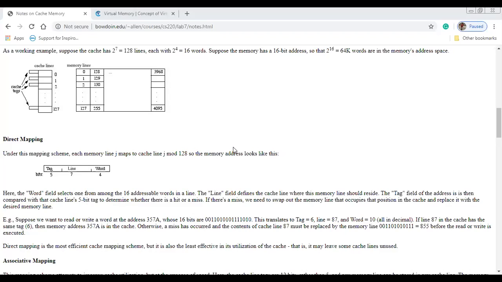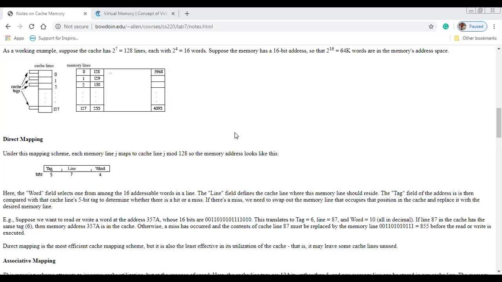The binary value 1010 in decimal is 10. So we have tag field 6, line field 87, and word field 10. In that way we divided. Did you understand? Tag is 6, line is 87, and word is 10.